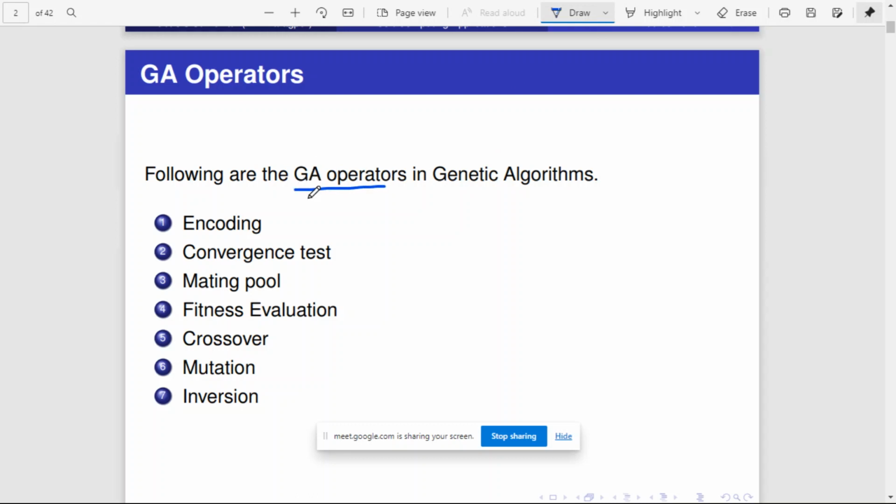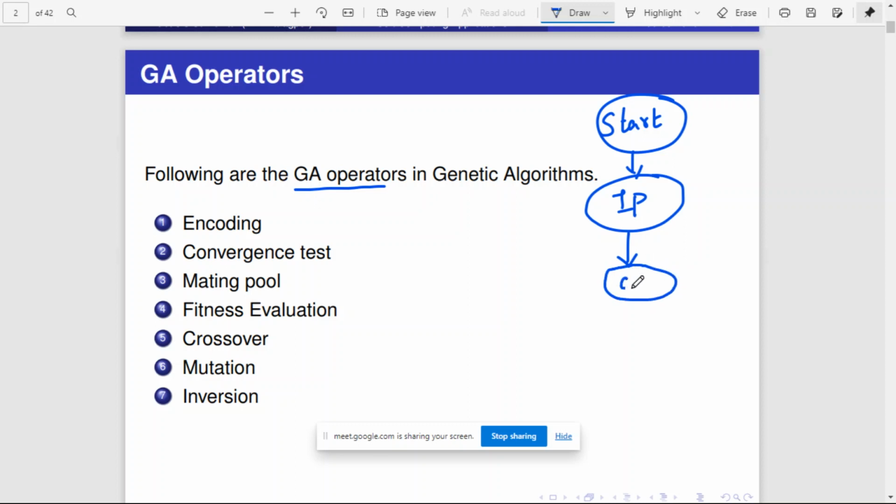From the working of genetic algorithm, you can understand what the operations are. If you want to represent a simple genetic algorithm, I can say like this: start, then identify the individual population, which I am calling IP. Then from this you pick up the one with the best fitness score, and check whether the convergence, which I am calling CONV, is met or not.